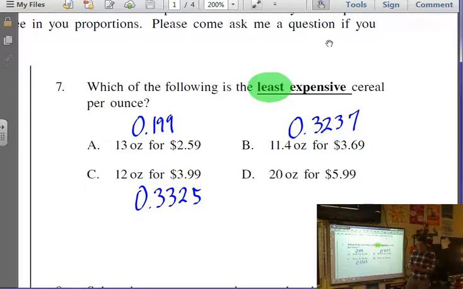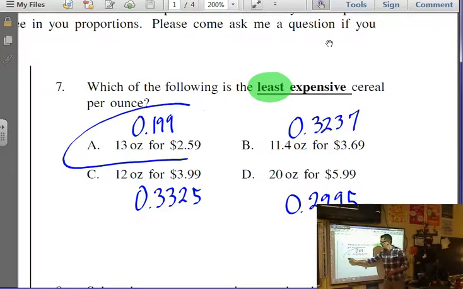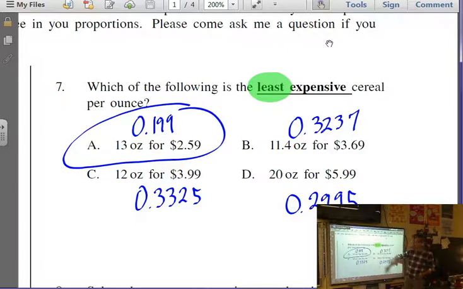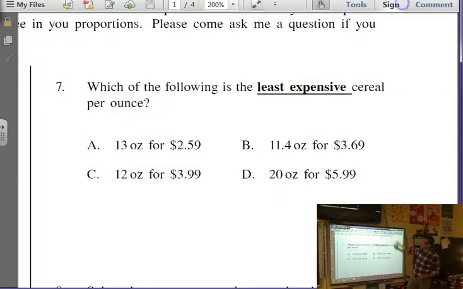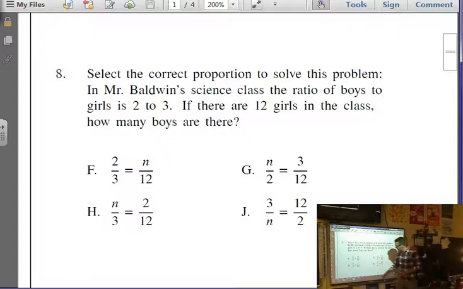There's a lot to keep track of here as we do this. 599 divided by 20, so that would be 0.2995. So when I look through these and I look for my least expensive, it's going to be option A, coming in at just about 20 cents per ounce, since this 9 would round up and make that 20 cents. So there, question 7 would be option A.